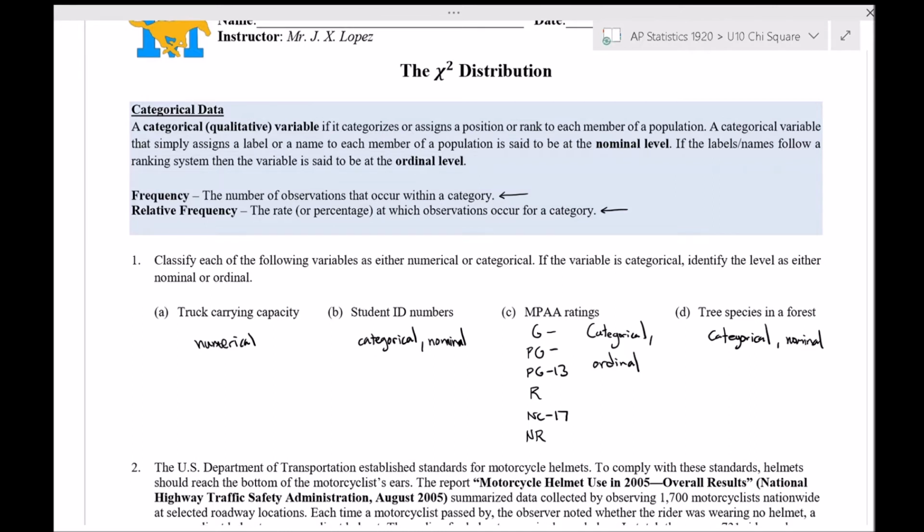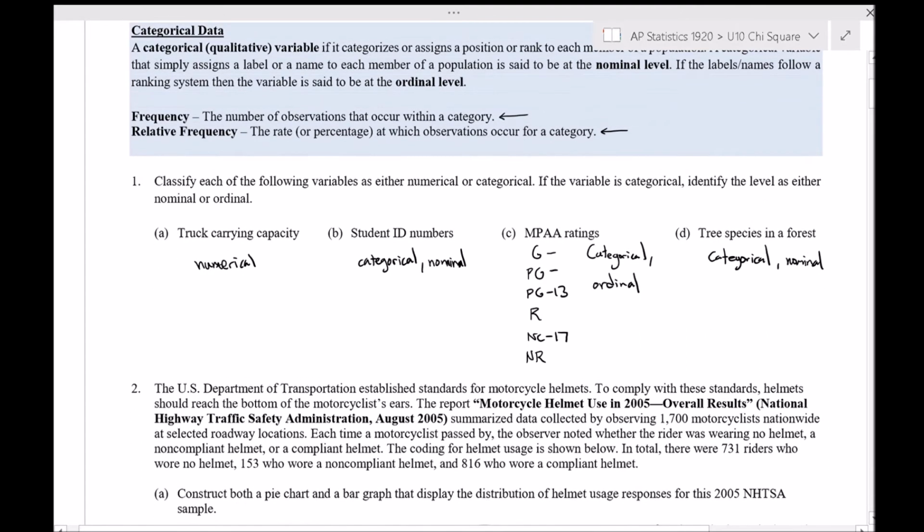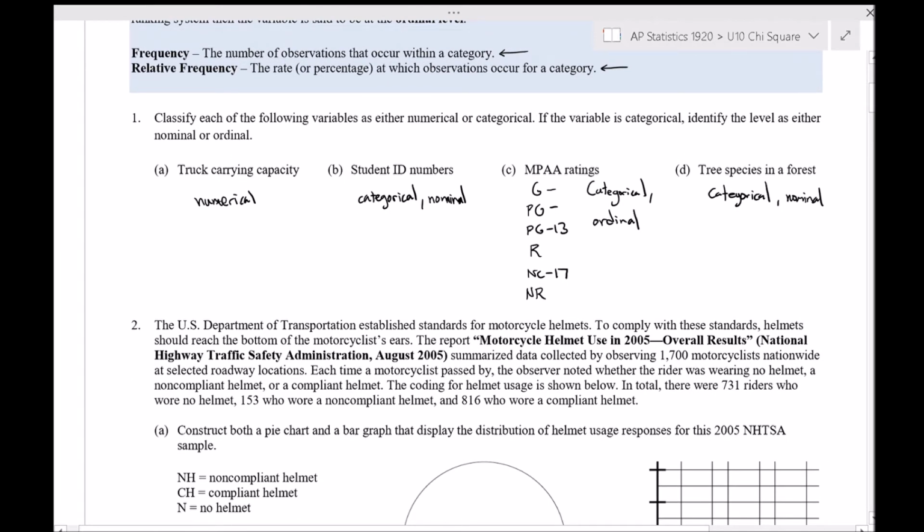So we would consider that strictly nominal. So what type of species is this particular tree? It's just a name that we're giving it, just a simple category that we're assigning it that isn't ranked, therefore nominal. So that's basically it for number one. So there's different types of variables, categorical versus numerical, and then there's different types of categorical variables. Those that are categorized at the nominal level or those with some sort of a rank involved.